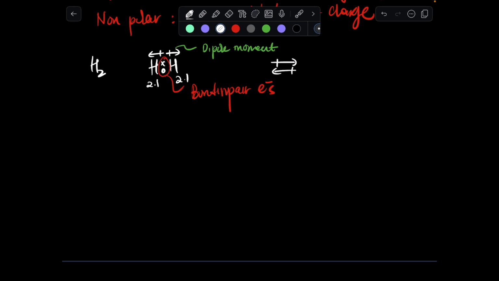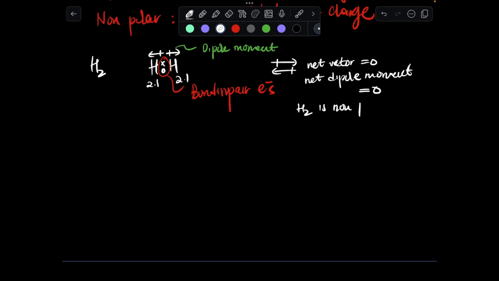Looking at that as a vector, the net vector is 0. So we say the net dipole moment is 0. Once the net dipole moment is 0, that means the hydrogen molecule is nonpolar.